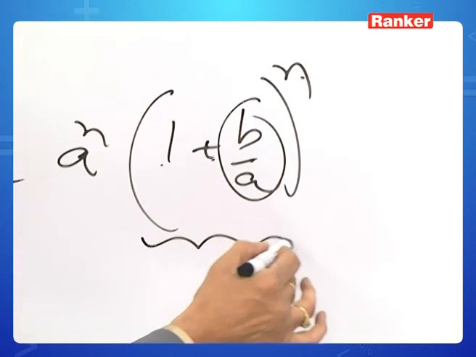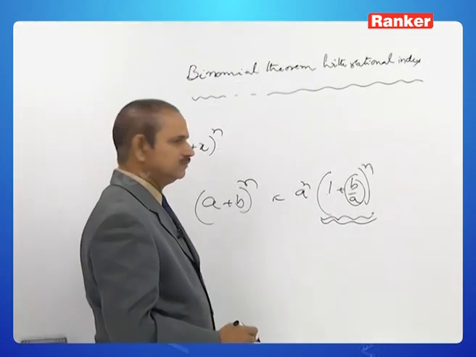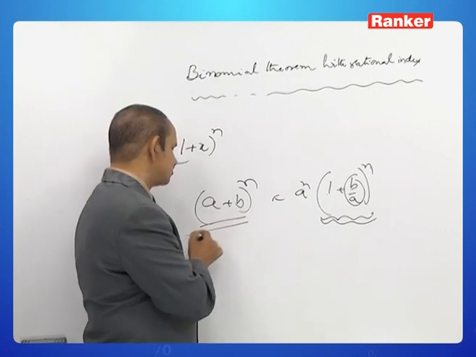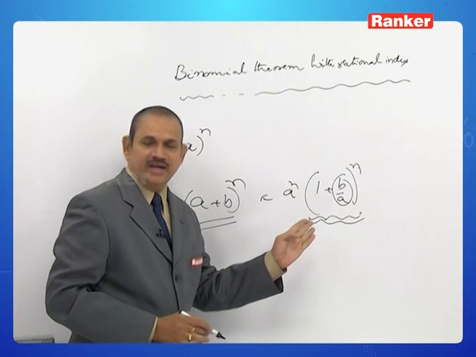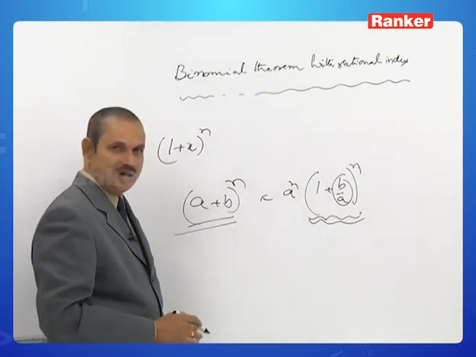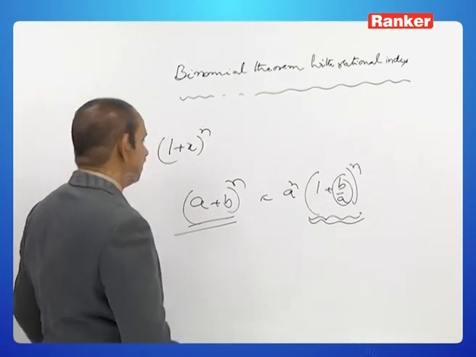If you can study the nature of this expansion, the full study can be done just by multiplying with a^n. That is why we are interested in dealing with (1 + x)^n.